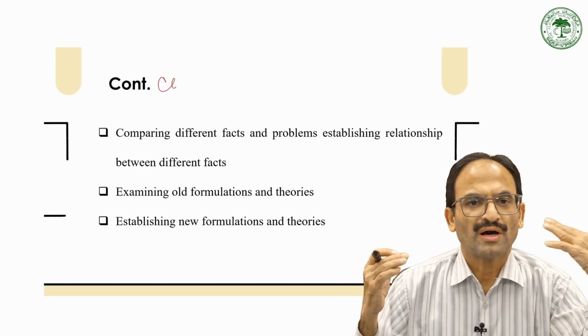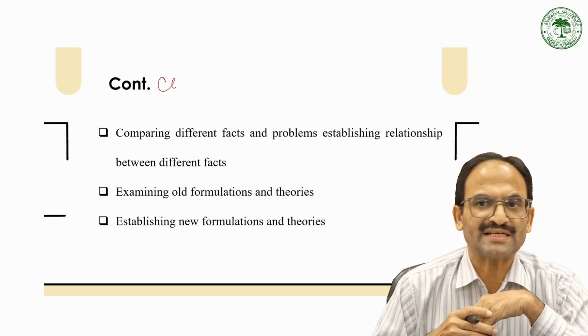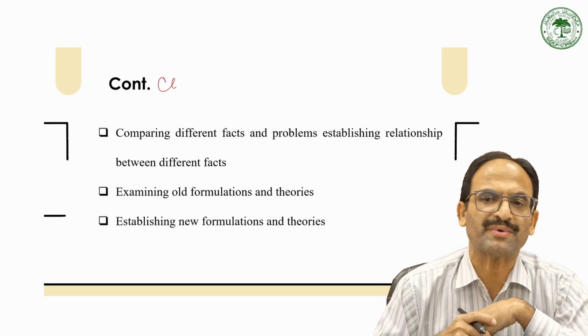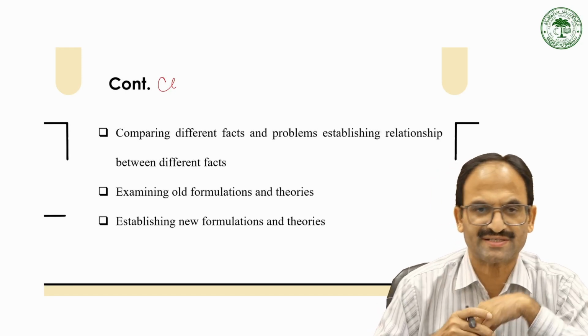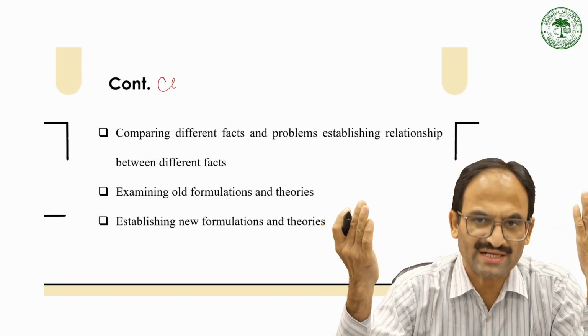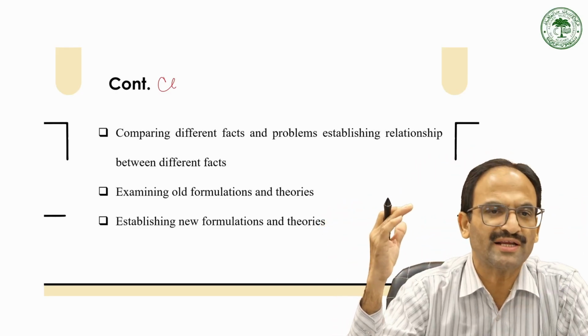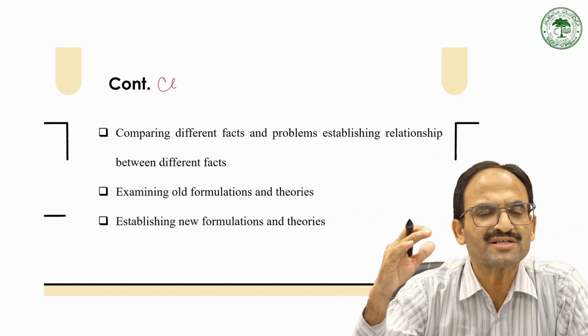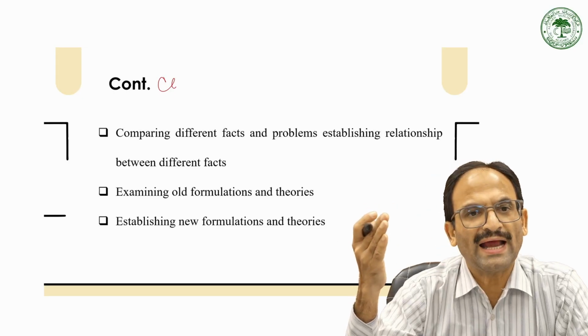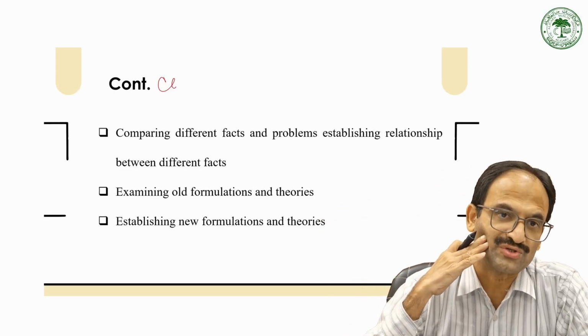Comparing different facts and problems and establishing relationship between different facts. So again I am giving you one example. I conducted one study on students' achievement and their addiction to mobile phones.